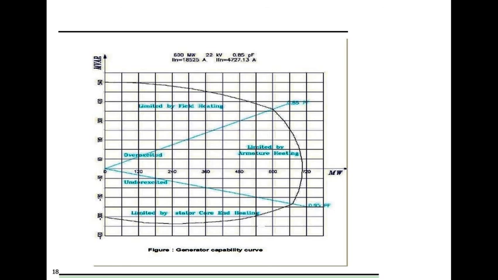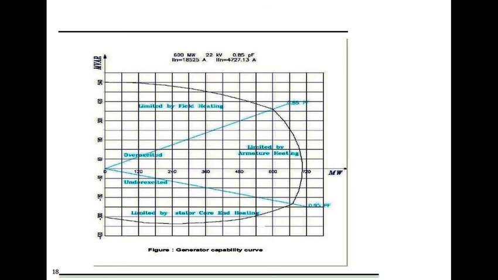This means the generator is running at a leading power factor. Here, the end ring heating effect comes earlier in the underexcited condition. In other words, the end ring heating is less under the overexcited condition.